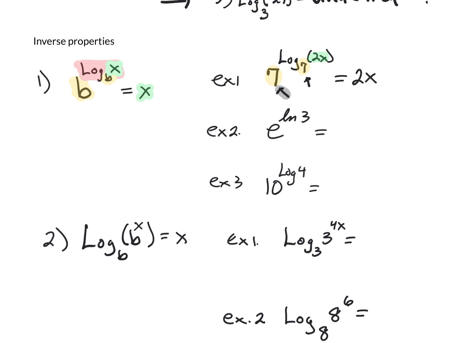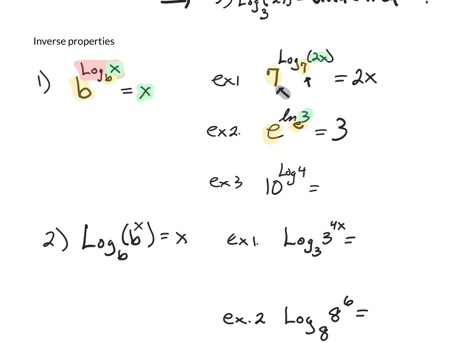On example number 2, remember ln is natural log. So you would read that as e to the natural log of 3. Remember, natural log means the base is e. And since those are the same, the property says that our answer is just going to be 3.